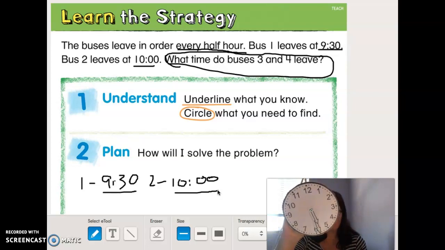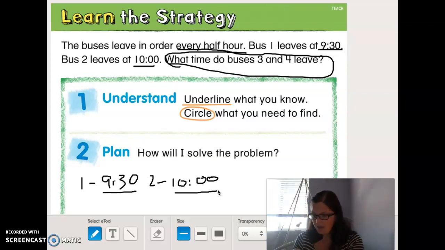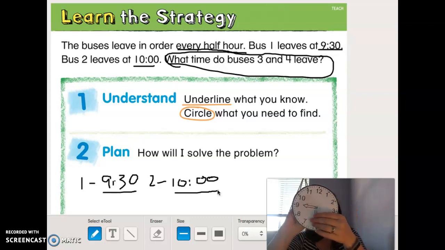Well, let's get it going the right way. So I have the first clock at 9:30, because the first bus leaves at 9:30, and the next one leaves at 10. So it goes up around. Let's get this to 10 o'clock.